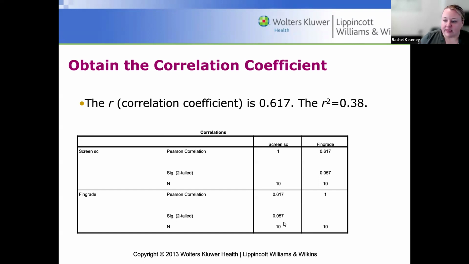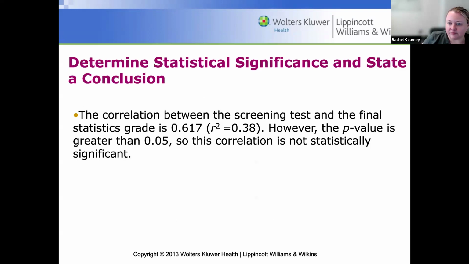So that is not significant. And then our R squared value is just this number squared. I'll walk you through the interpretation also in a separate lecture. So the correlation between the screening test and the final statistics grade is 0.617. R squared equals 0.38. However, the p-value is greater than 0.05, so this correlation is not statistically significant.